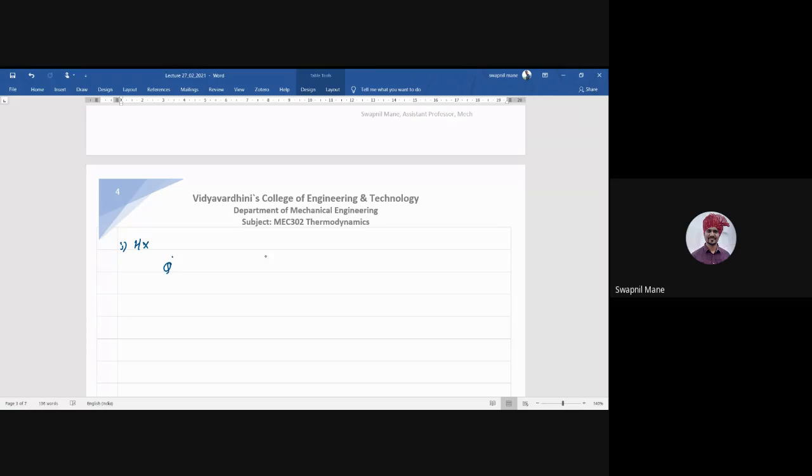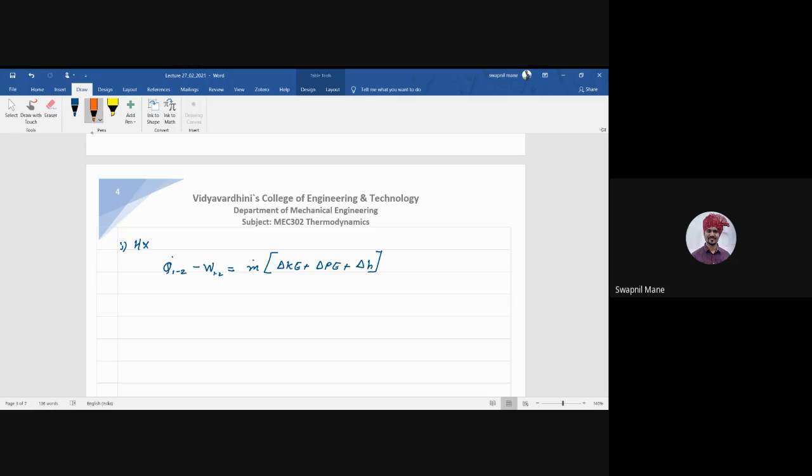So Q dot from 1 to 2 minus W from 1 to 2 will be equal to m dot into delta KE plus delta PE plus delta H. For a heat exchanger, what is the shaft work? Is there any shaft work for a heat exchanger? Zero. So this will become 0. M dot will be there.